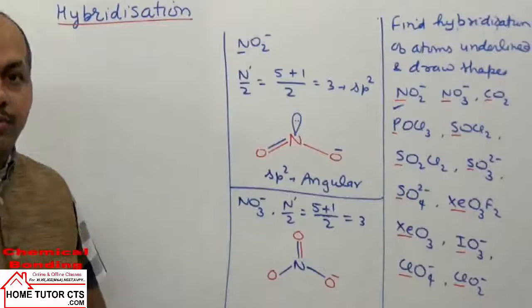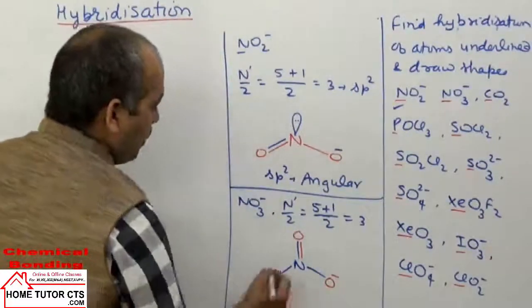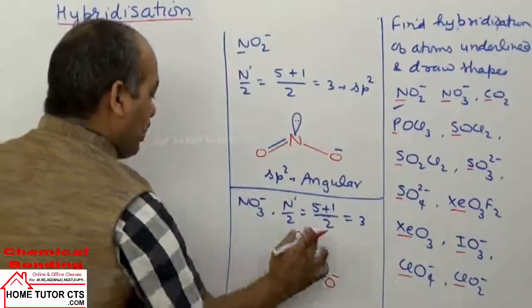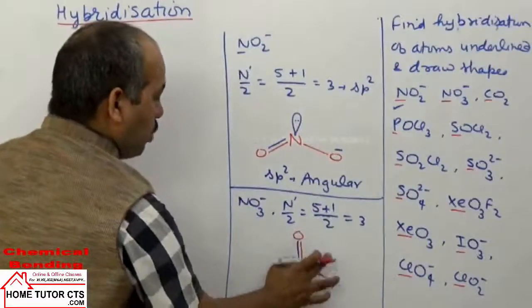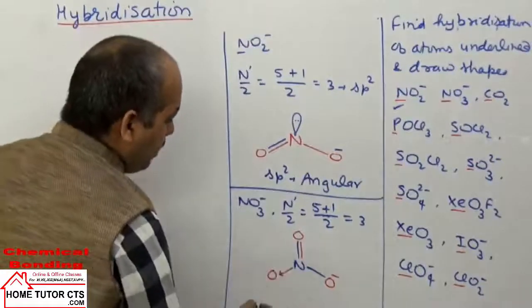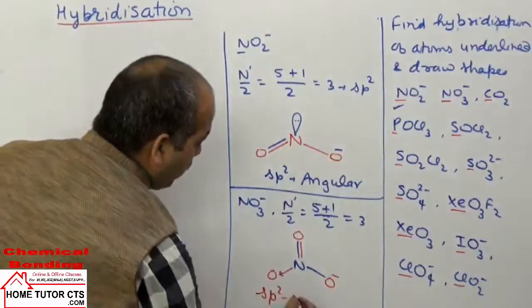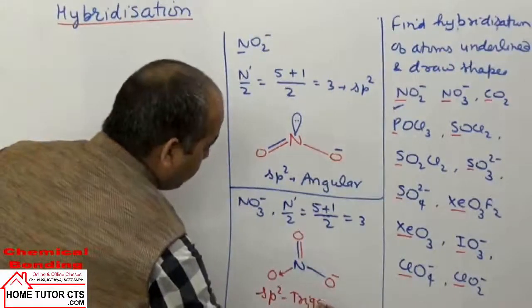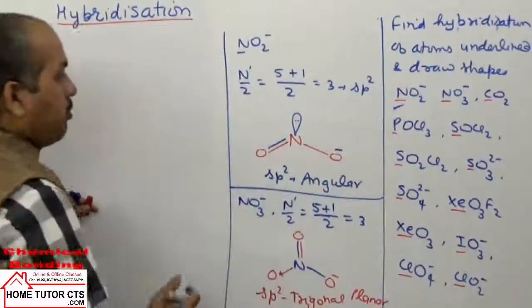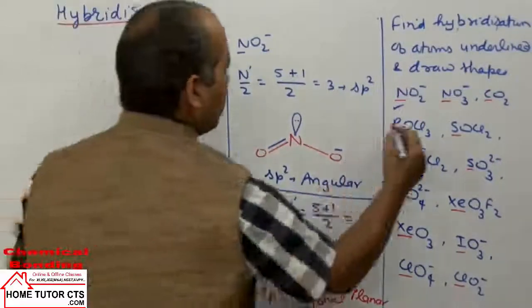So we draw one coordinate bond: one bond becomes a coordinate bond with oxygen, one can be a double bond and two single bonds. By resonance all are equivalent. So hybridization is sp2 and the shape is trigonal planar. So we have done 2 examples.